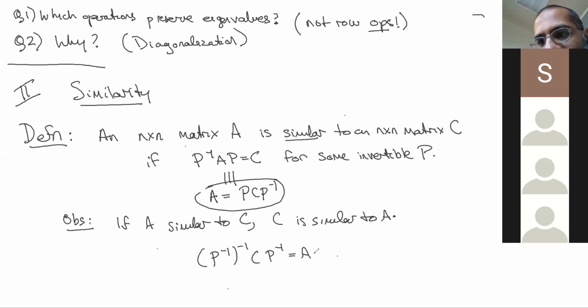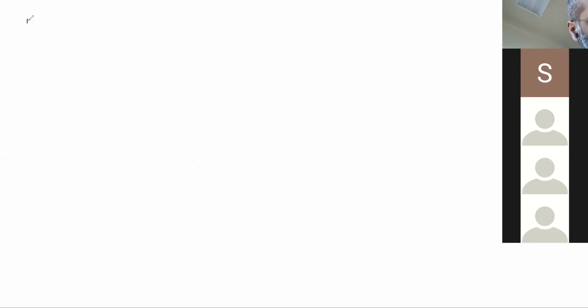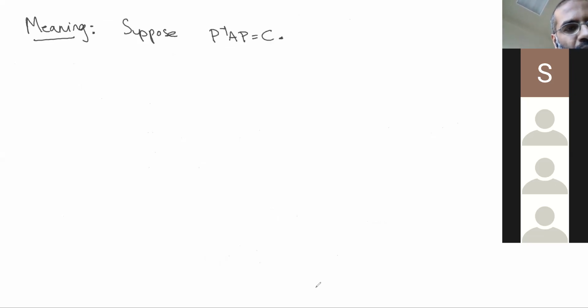And what does similarity mean? Well, P inverse A P is equal to C. P is invertible, right? So let's just write out the columns of P and give them some names.